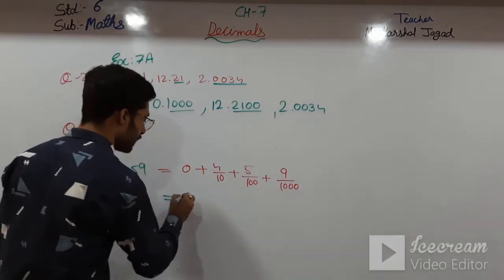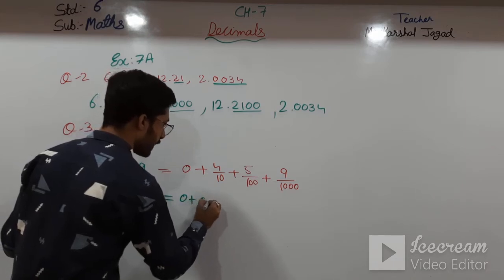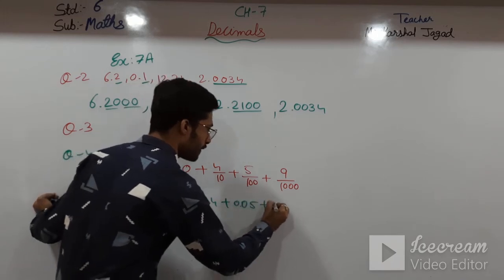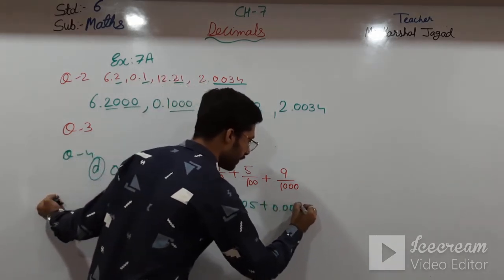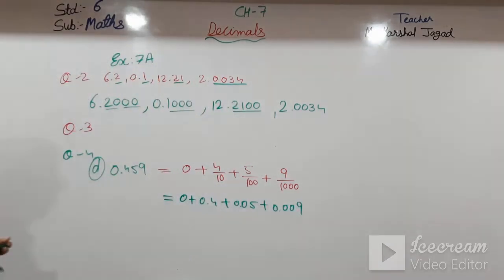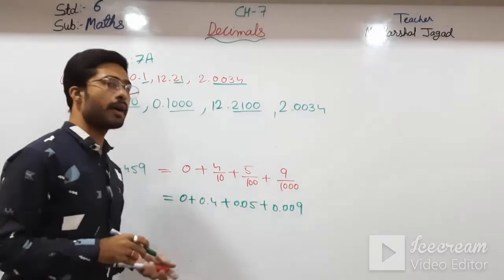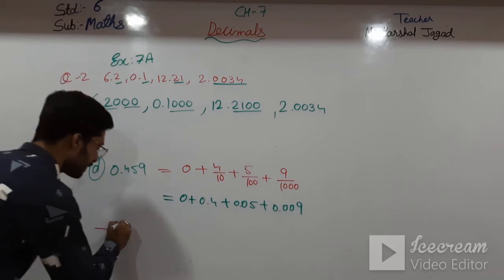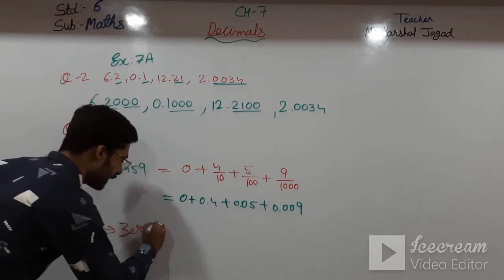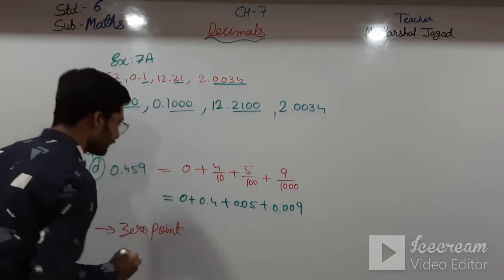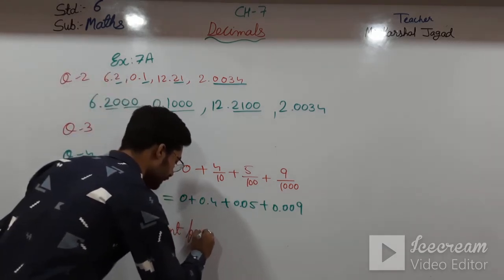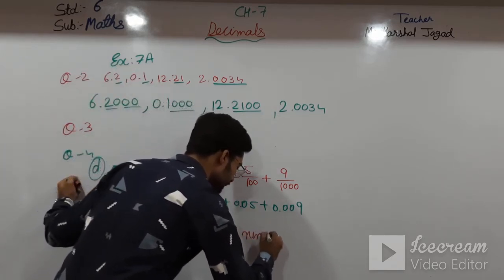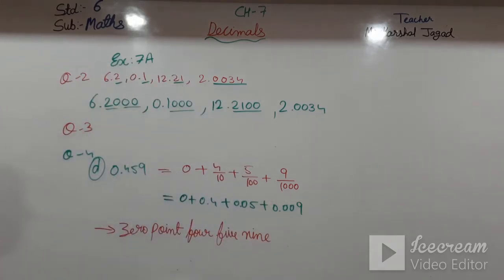Now for decimal: 0 plus 0.4 plus 0.05 plus 0.009. So we have expanded according to the decimal, and now we have to write this in the form of words, 0.459.